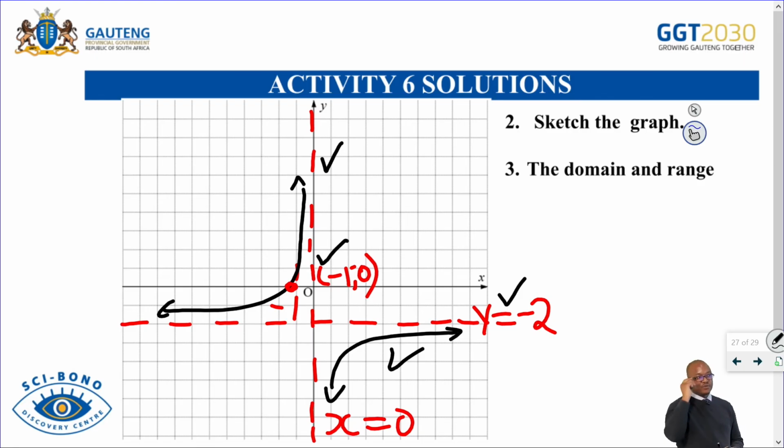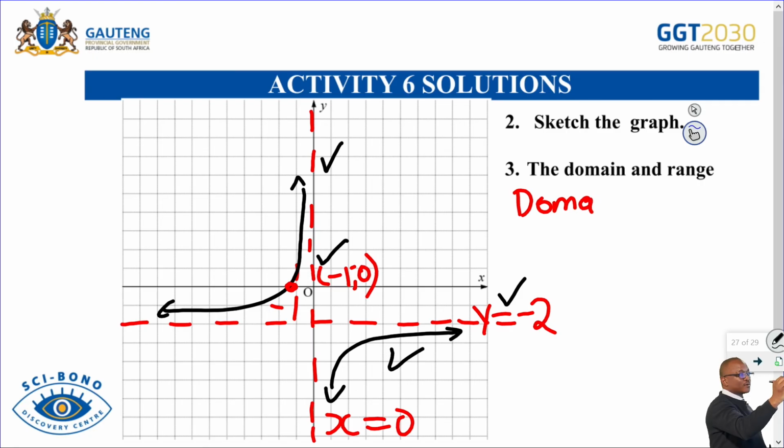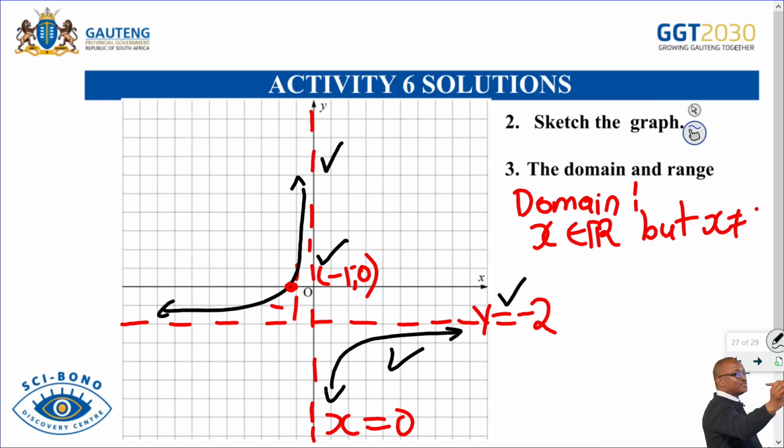And then even here we speak about the domain. The domain, where x is an element of all real numbers, but x can't be 0.